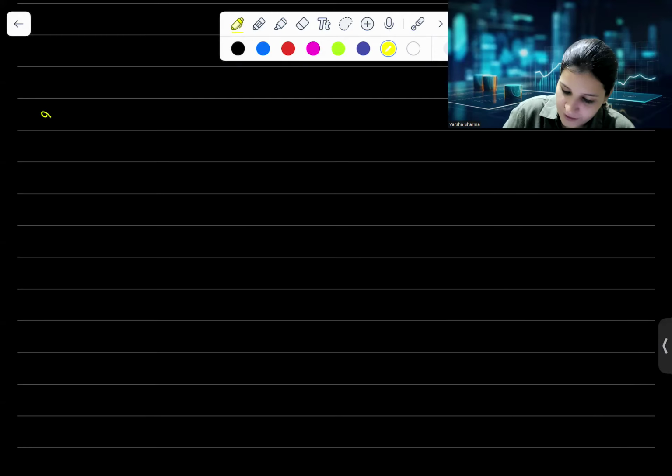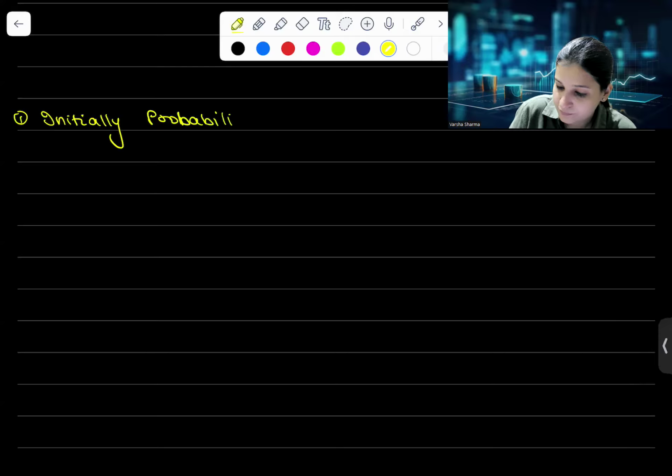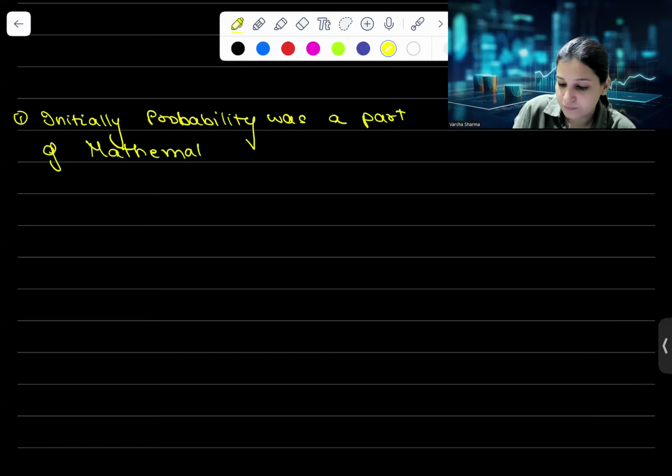Probability. Initially, probability was a part of mathematics. Two divisions of probability.